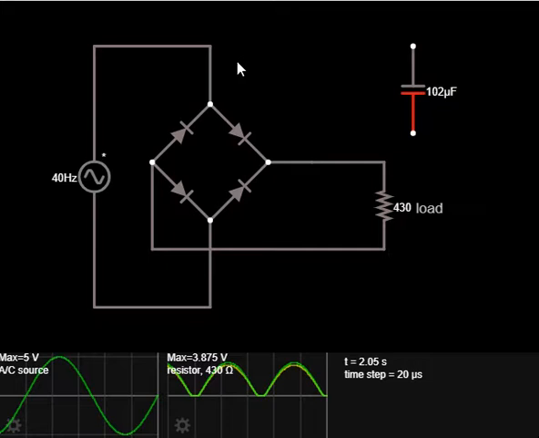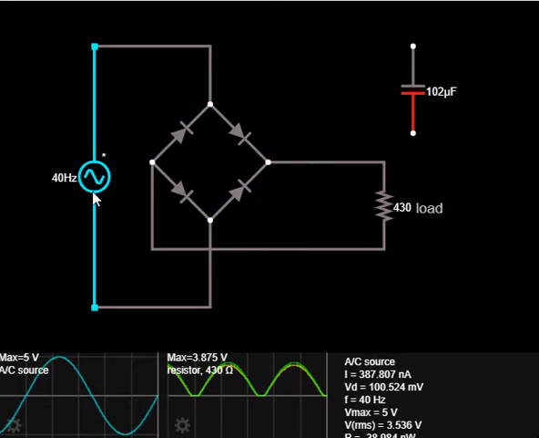So as I told you in the last video, in the positive cycle two diodes will be forward biased and two diodes will be reverse biased, and the same in the negative cycle, another two diodes, this and this, will be forward biased, and this will be reverse biased.